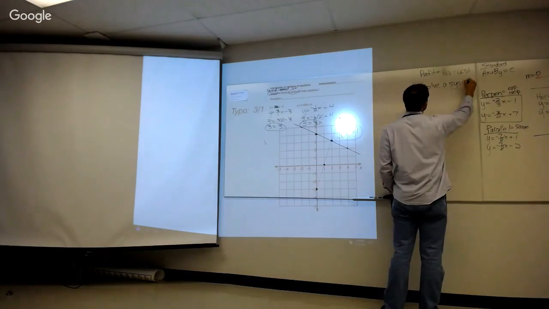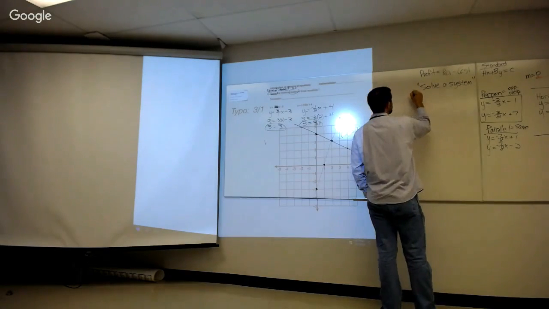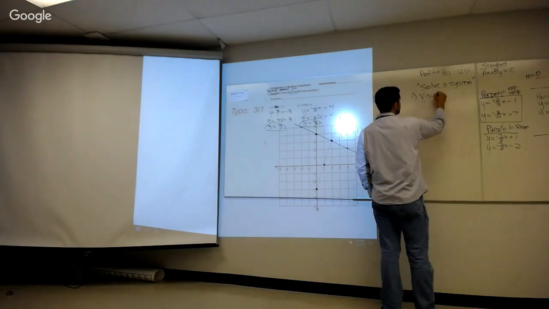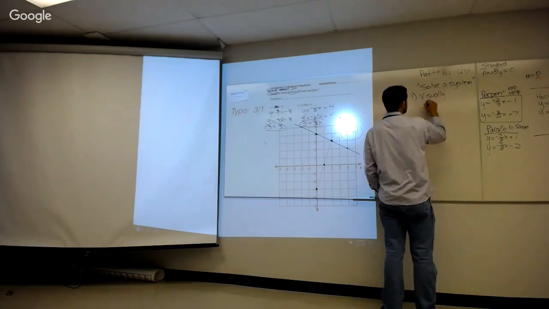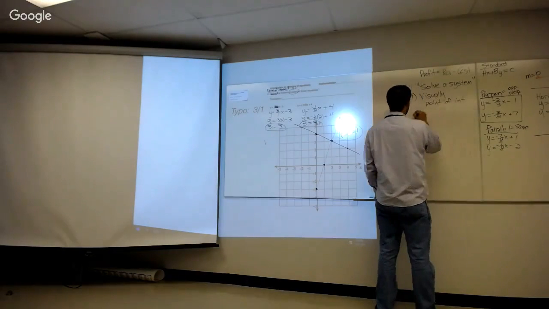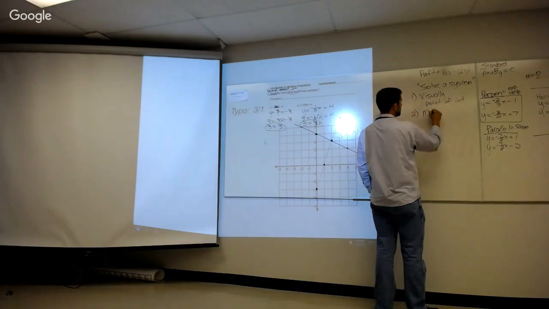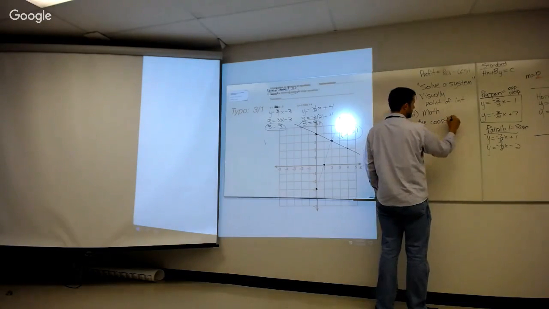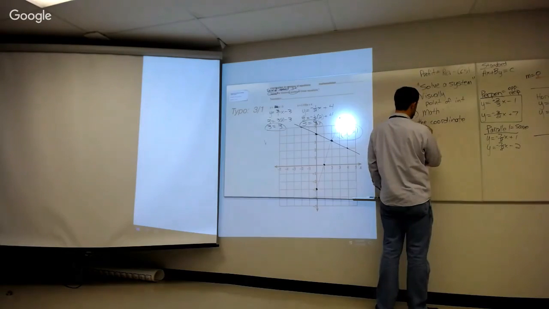When someone says that to you, you can think of the definition visually: it's the point of intersection. But mathematically, it's the coordinate that makes both equations true.